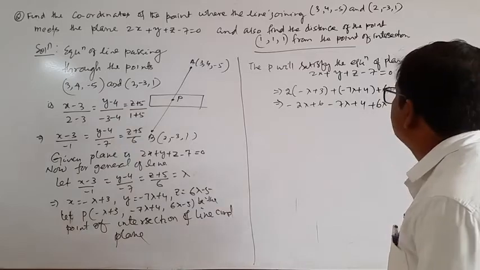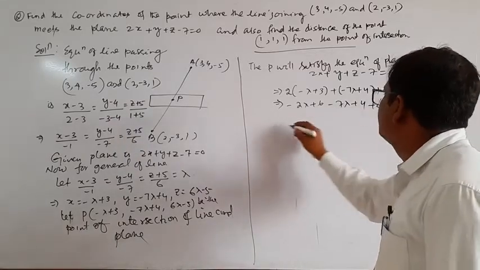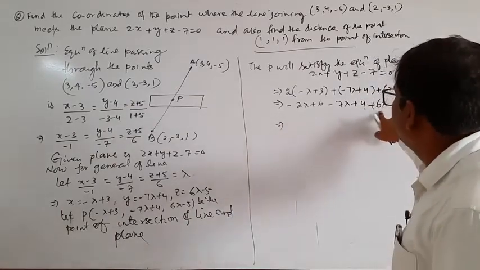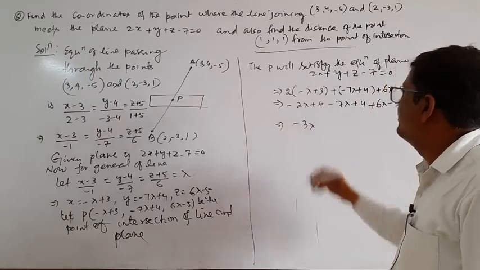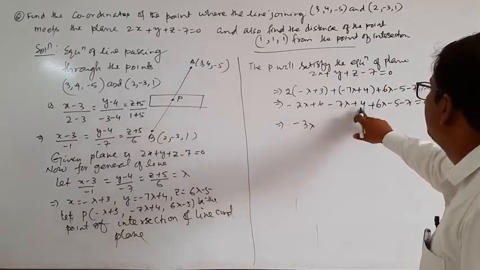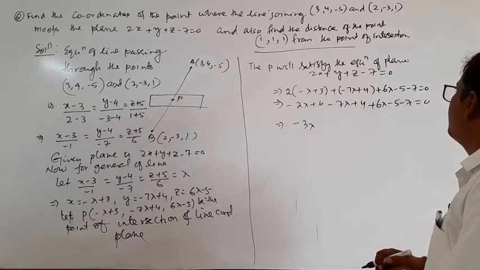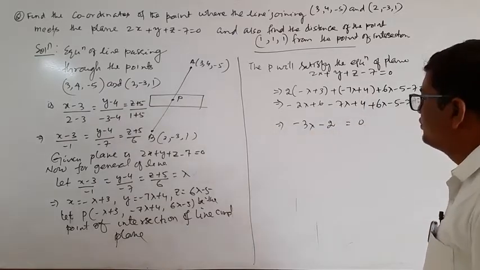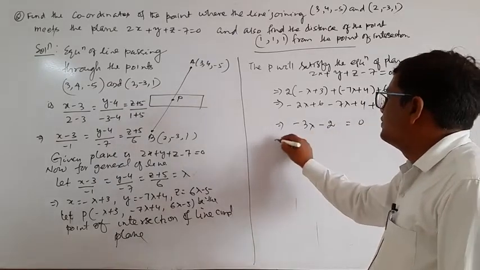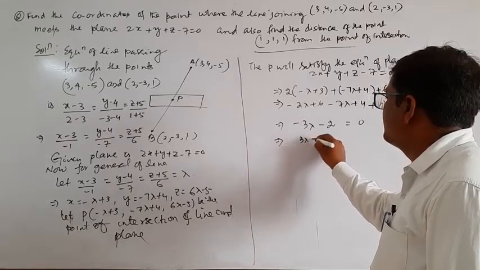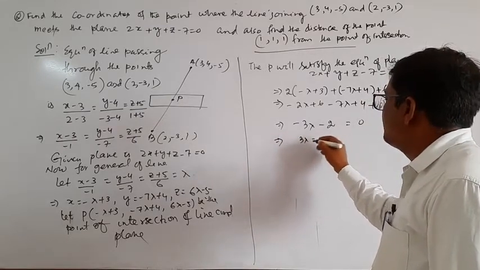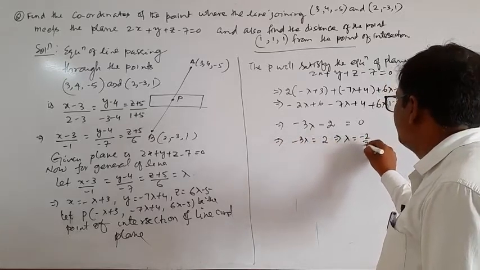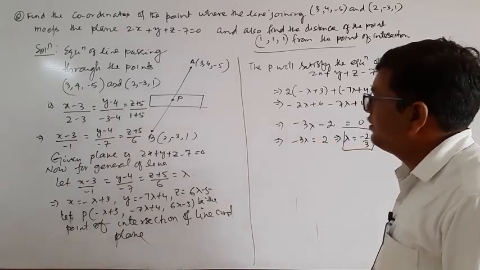So minus 2 lambda minus 7 lambda plus 6 lambda is minus 3 lambda, and 6 plus 4 is 10, minus 5 minus 7 is minus 12. So minus 3 lambda minus 2 is equal to 0. Minus 3 lambda is equal to 2, and lambda is equal to minus 2 by 3.